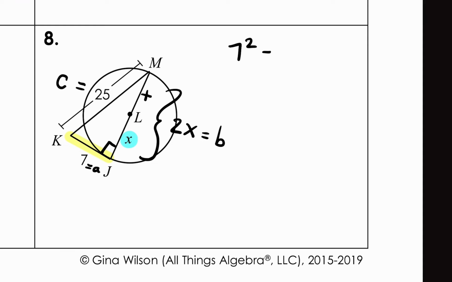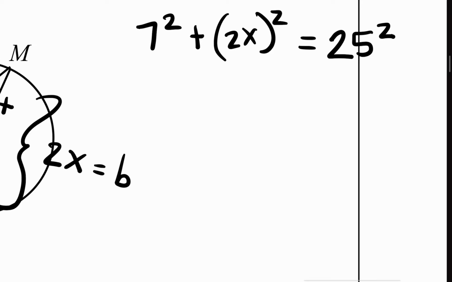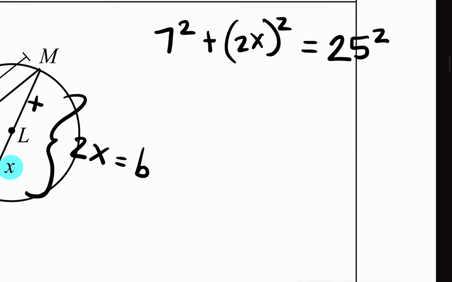Oh, why am I writing equals? Sorry. A squared plus B squared is equal to C squared. And from there, the algebra, sorry, is slightly different.